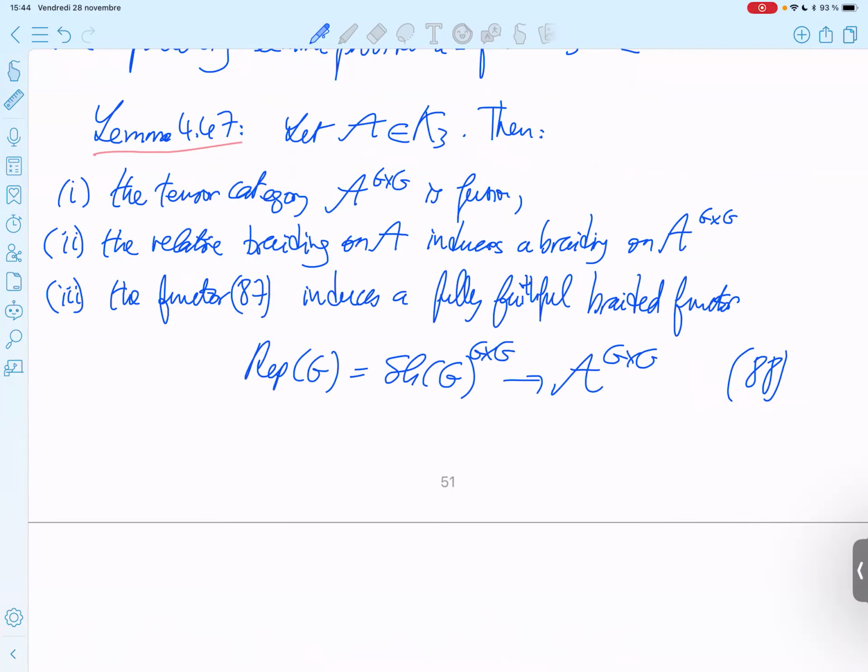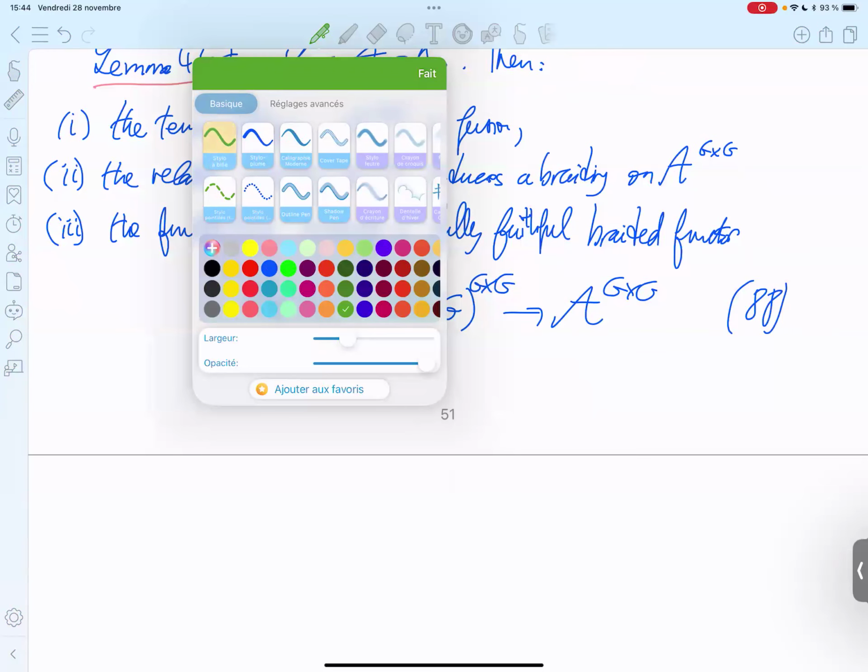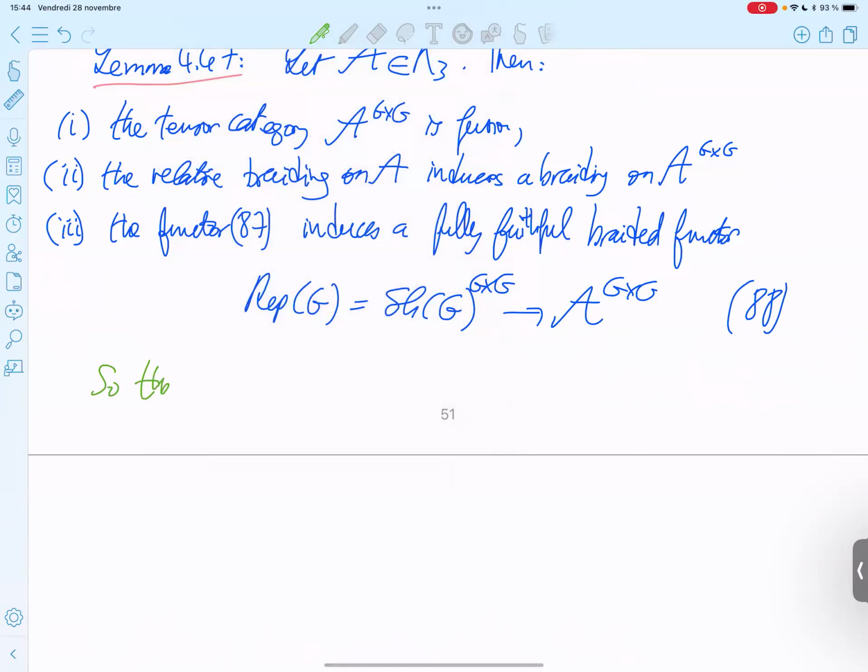Okay. So that rep G is in A^(G cross G). So we deduce that this is in K2. Okay. So it is a braided fusion category containing rep G. So it's in K2.